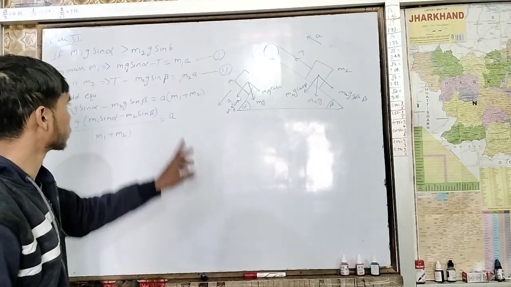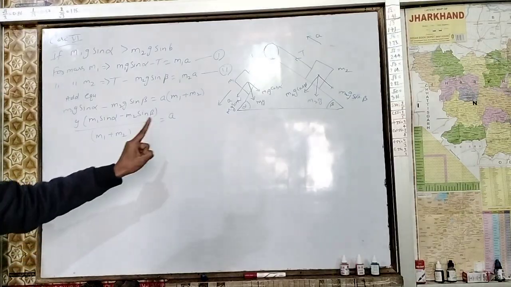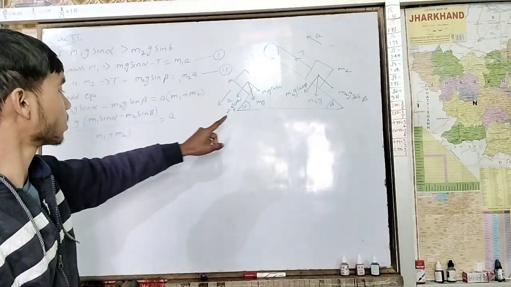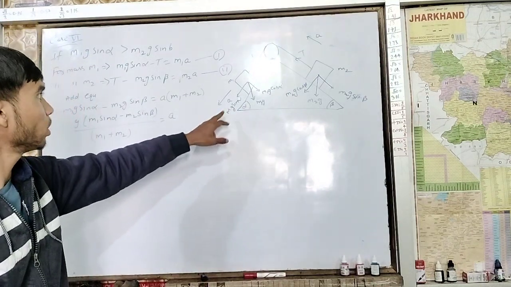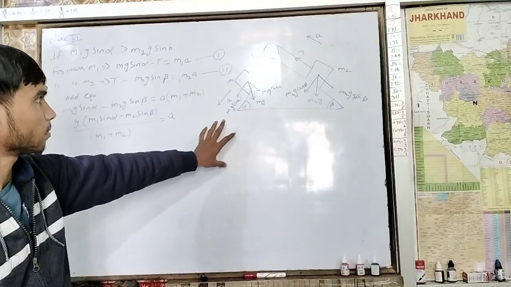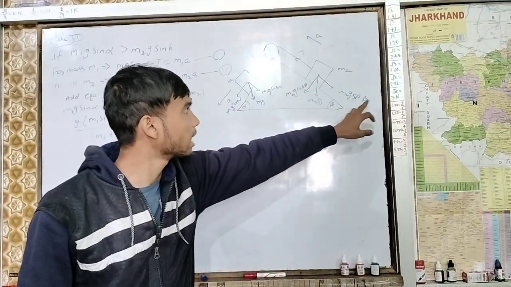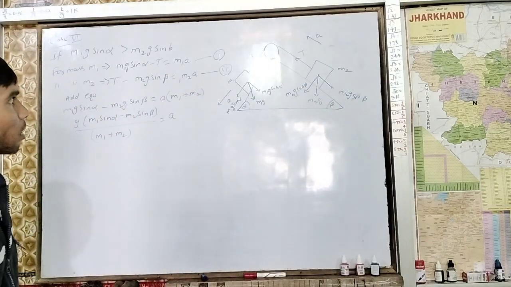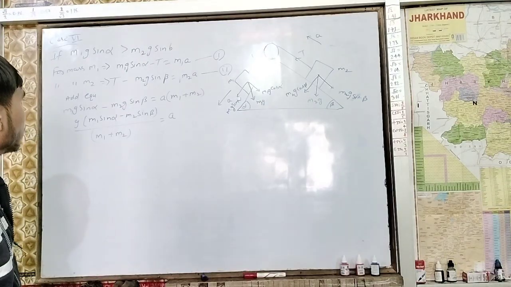So a will be equal to z into m1 sin alpha minus m2 sin beta upon total mass.